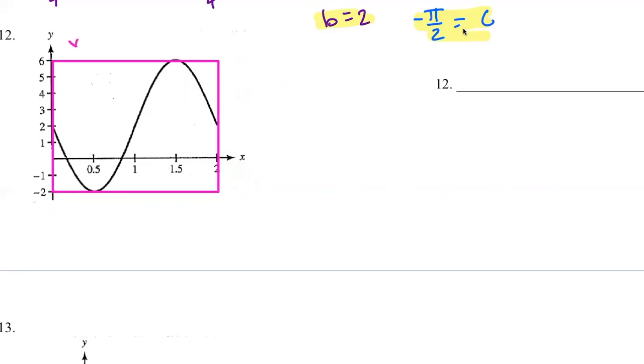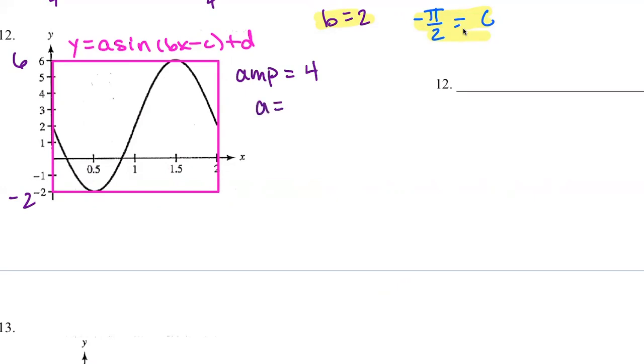So y equals a sine of bx minus c plus d is what we need to be calculating. All right, it looks like our frame stretches from negative 2 to 6. So our amplitude appears to be 4. This is a sine curve that looks like it's down first. So a is going to be a negative 4.